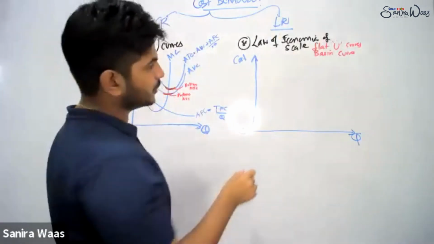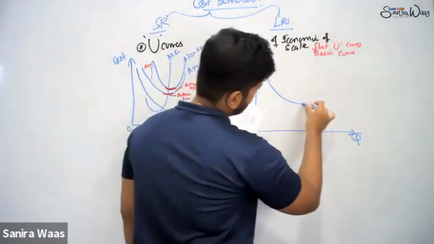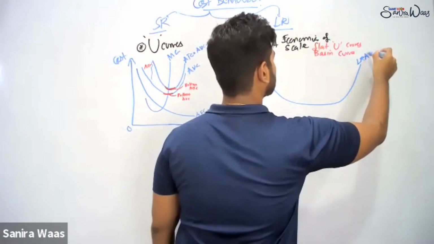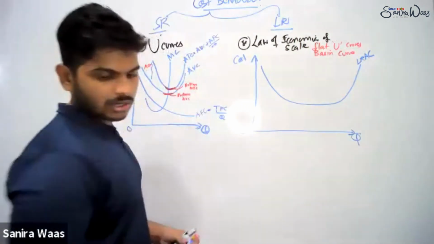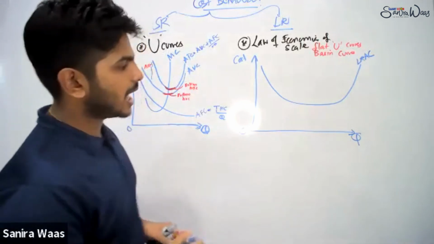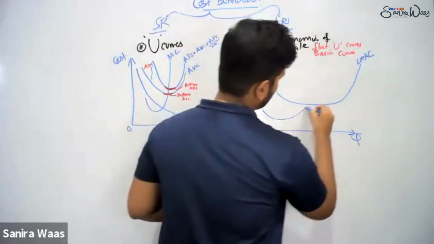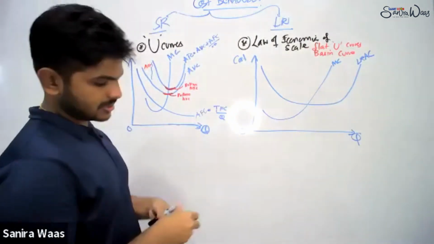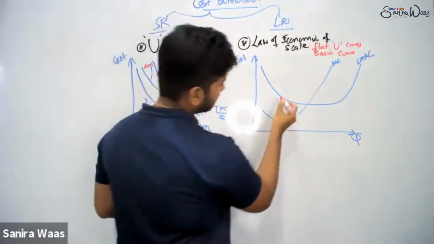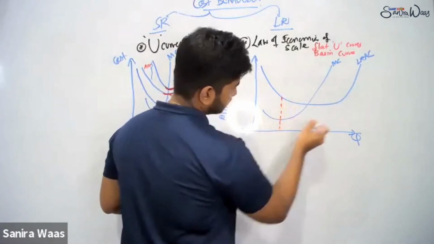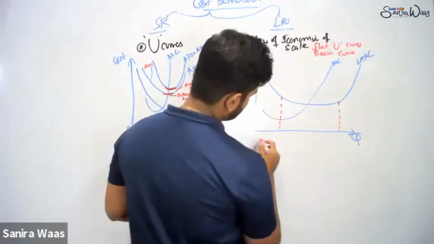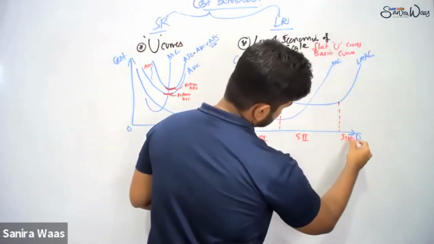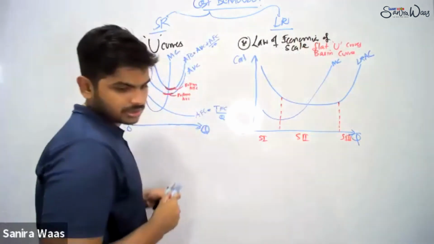So when it comes to output, your curve would show something like the long run average cost curve, and your MC would be something like this. And again here we have three stages: stage 1, stage 2, stage 3.